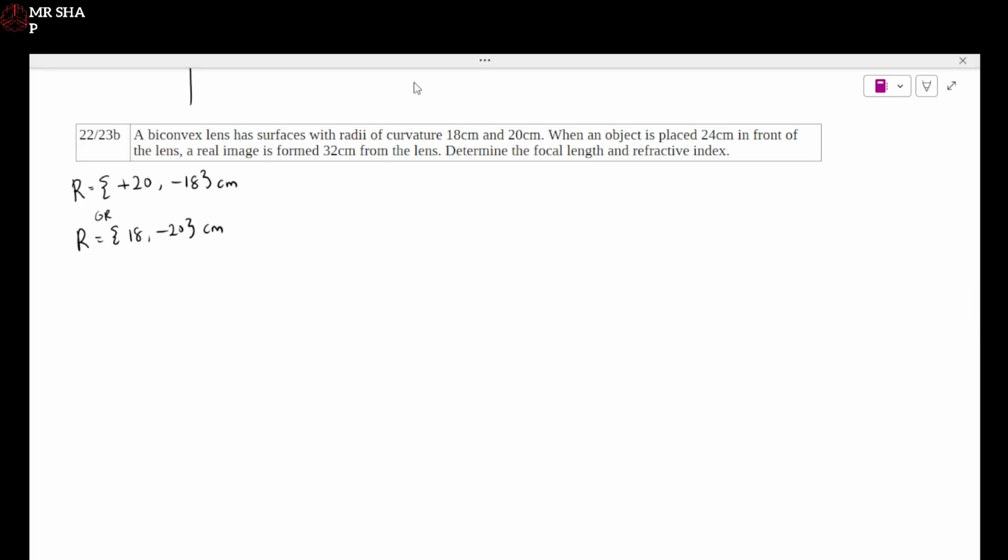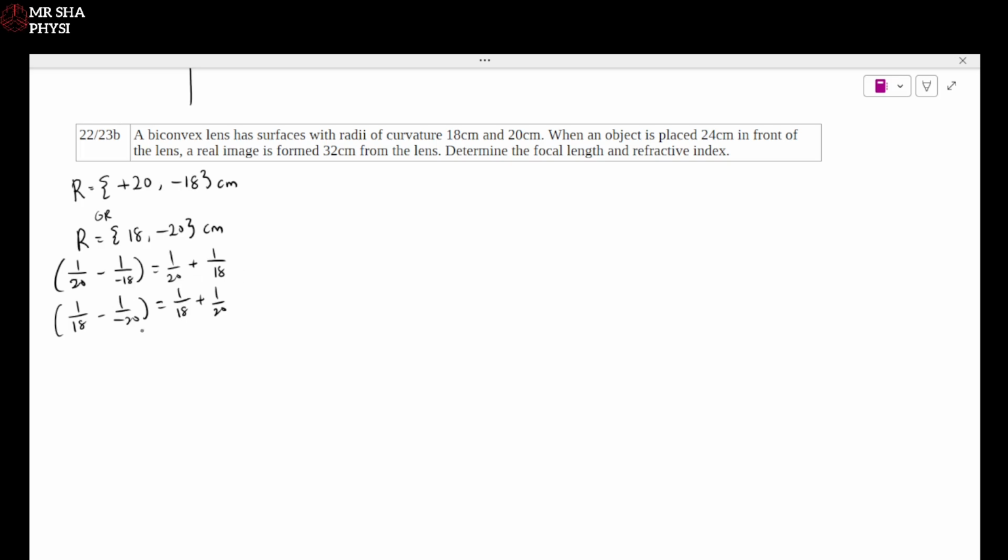In one case I will have 1 over 20 minus 1 over negative 18, which is equal to 1 over 20 plus 1 over 18. If I have it the other way around, I have 1 over 18 minus 1 over negative 20. This also results in 1 over 18 plus 1 over 20. So it doesn't matter which one is chosen, right?